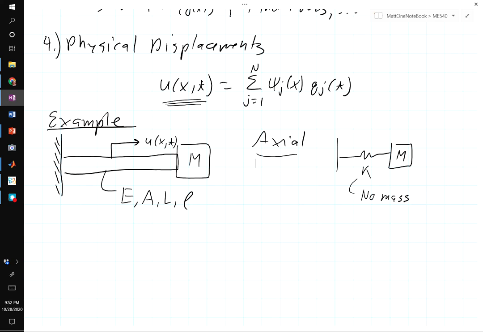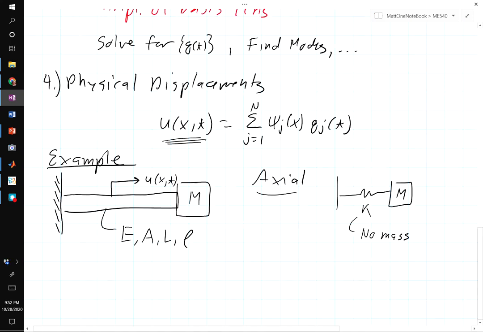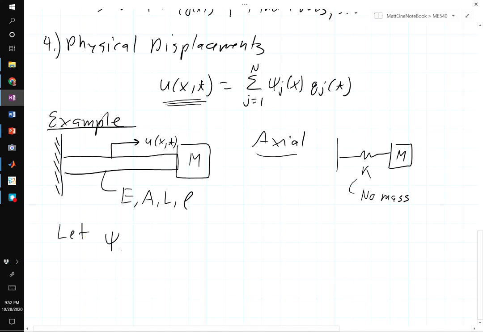So our first step is to approximate the displacement with the Ritz series equation there. So we're covered there, and we'll need to choose a basis function. So let's let our basis functions psi i of x be equal to polynomials, x over L to the i power.